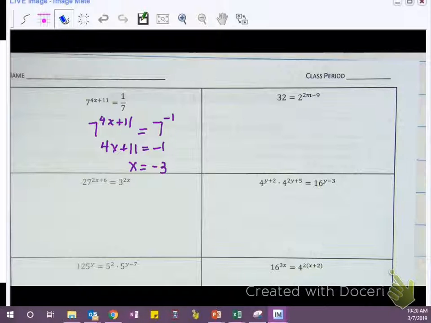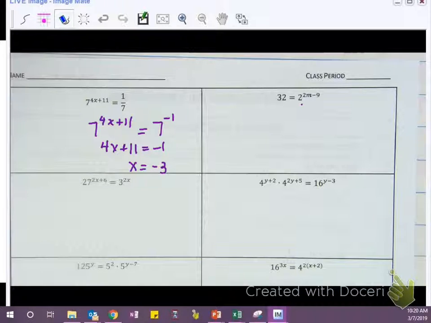Well, we need our base to be a 2. That means I need 2 to some power equal to 32. So 2 to the what power is equal to 32? 5.